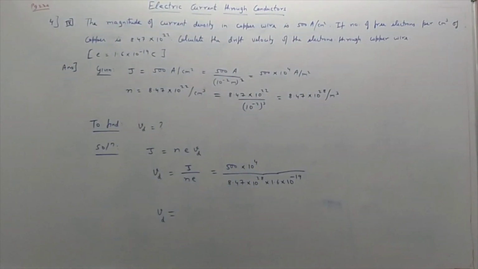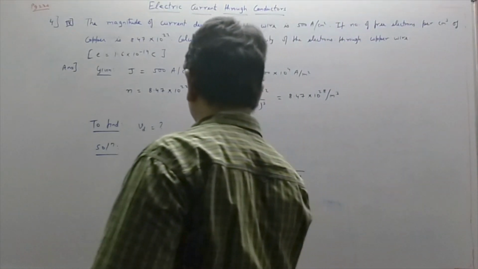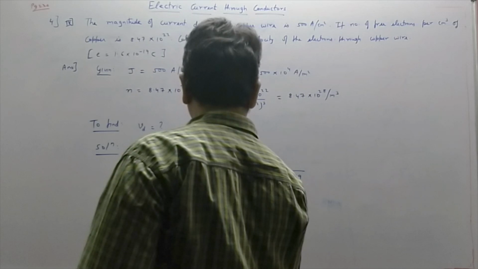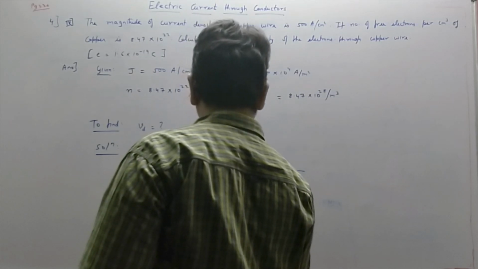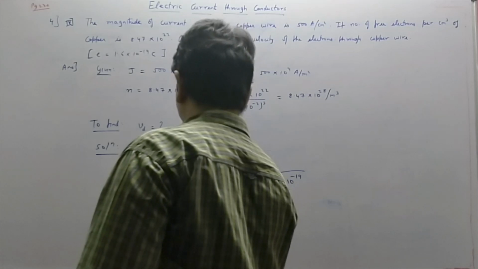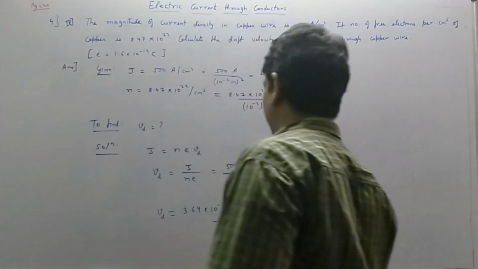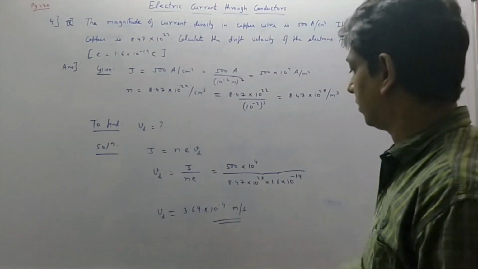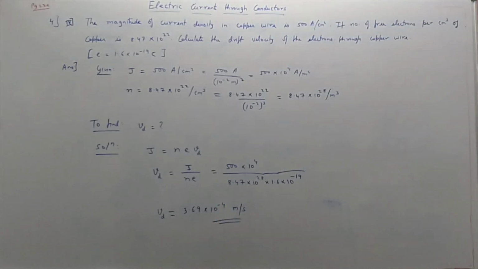So for drift velocity we are going to get 3.69 × 10^-4. The unit of drift velocity is meter per second. So due to the electric field, the drift velocity is small, 3.69 × 10^-4 meter per second.